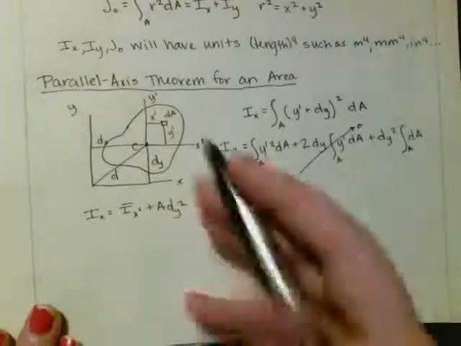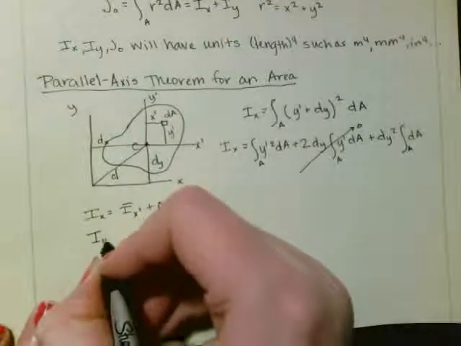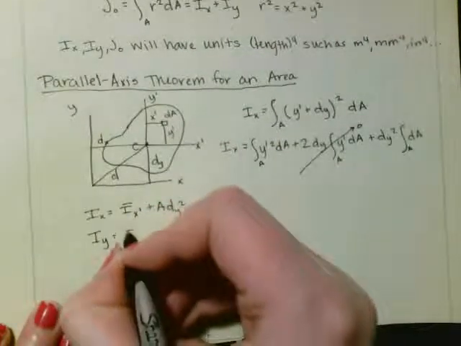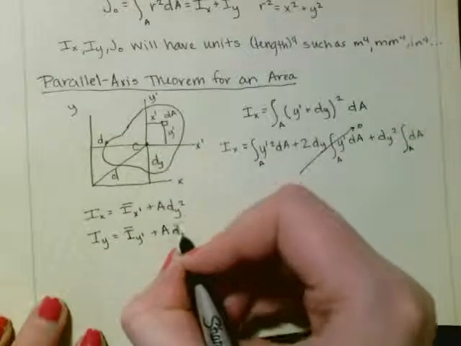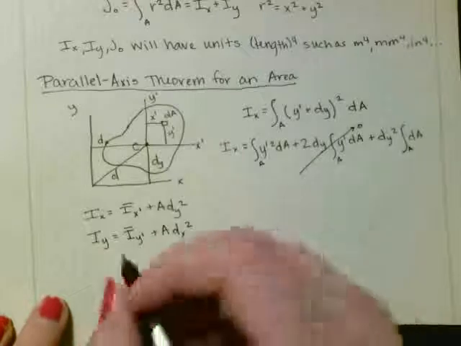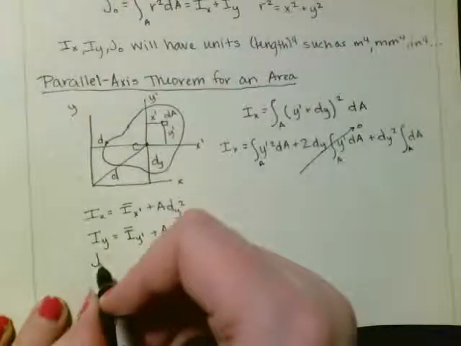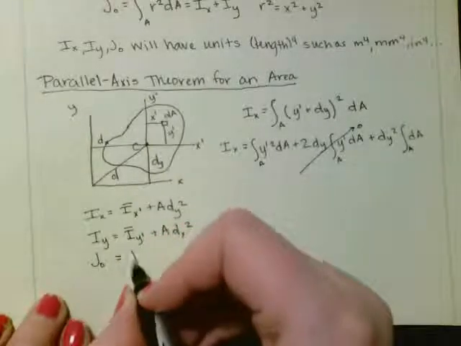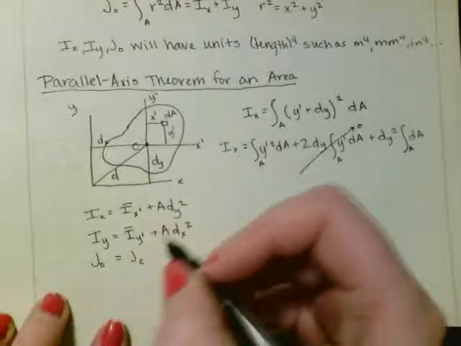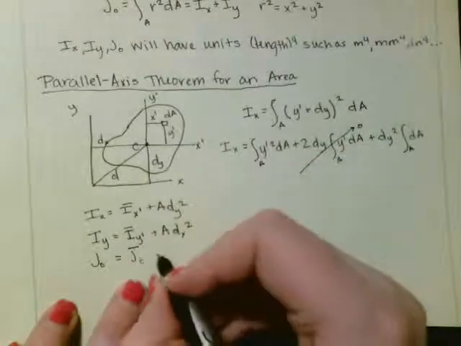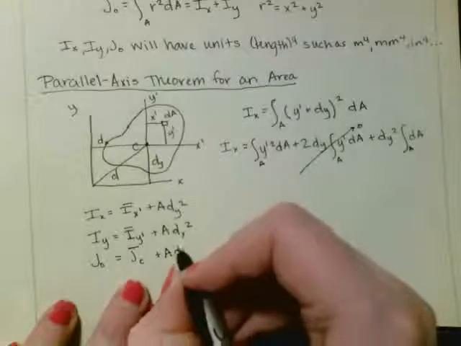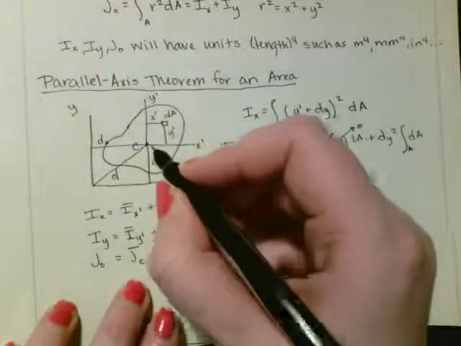So the same thing holds true for Iy. That's going to be Iy prime plus A dx squared. And JO would be equal to JC, so about the centroid, plus A d squared, this distance d.